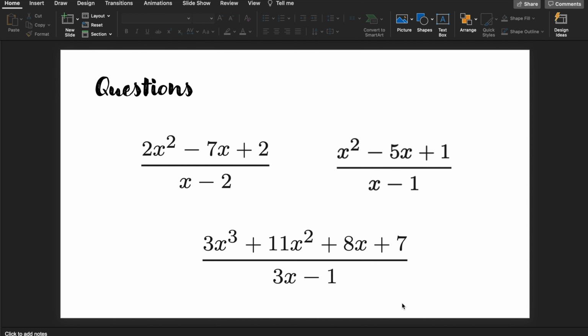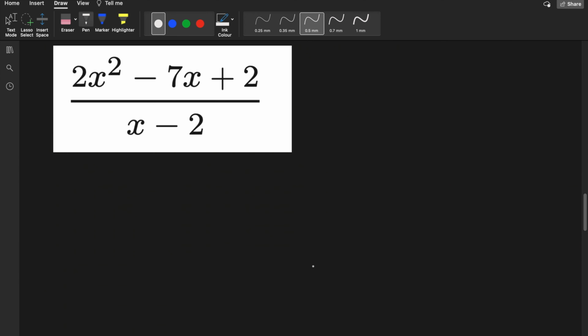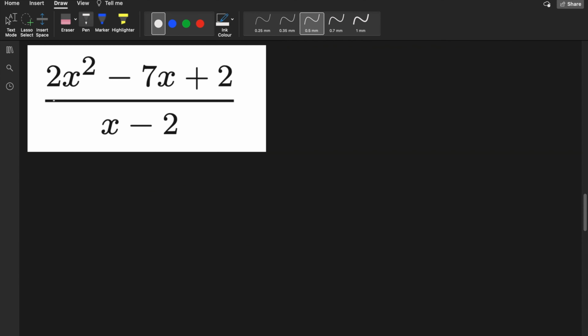So let's work on a few examples. Let's start with this one. Like always, we'll write the divisor over here, write the symbol, put the polynomial inside, and close it.